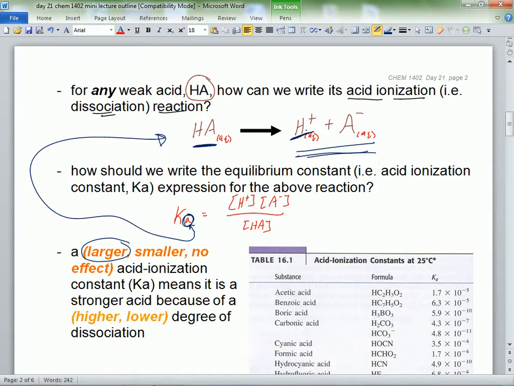So that means it is a stronger acid because of a blank degree of dissociation. Anybody? Because of a higher degree of dissociation. Because how we should be writing, this is really misleading, this arrow. We should really get rid of it. It has to have the double arrow. And it's majorly pointing in which direction?